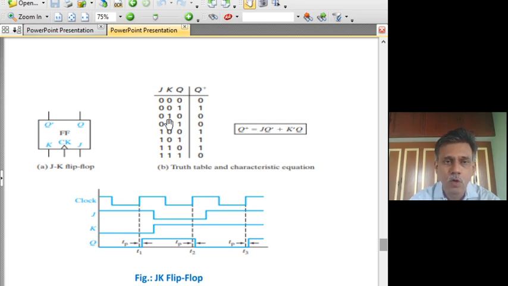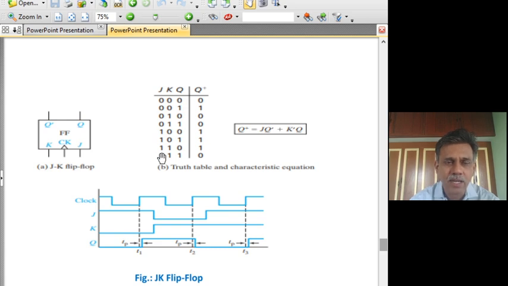When J is 0, K is equal to 1, this is a reset condition. For both possible values of Q, that is 0 and 1, Q plus becomes 0. That is, the flip-flop is reset. When J equal to 1, K equal to 0, these two rows, irrespective of the value of Q, Q plus is 1. That is, the flip-flop is set. This is the set condition.